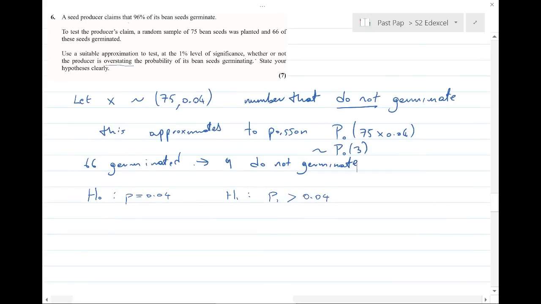So we've got 9 as the value of our test statistic. So we've got the probability that X is greater than or equal to 9, conditional on p equal to 0.04, is exactly equal to 1 minus the probability that X is less than or equal to 8. And we will be able to find that number in the tables.